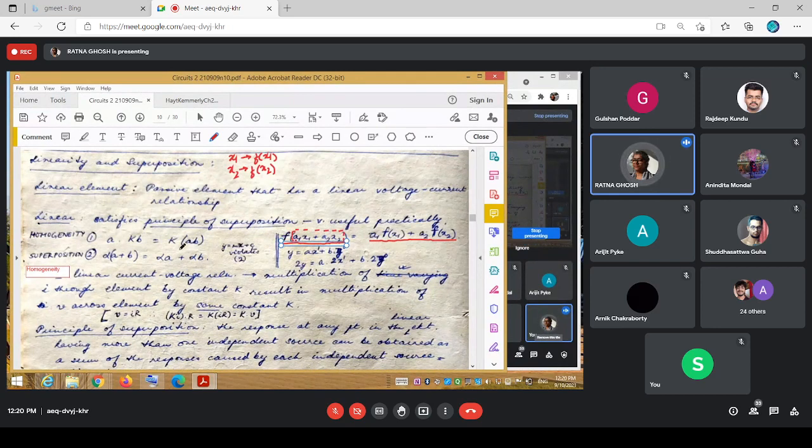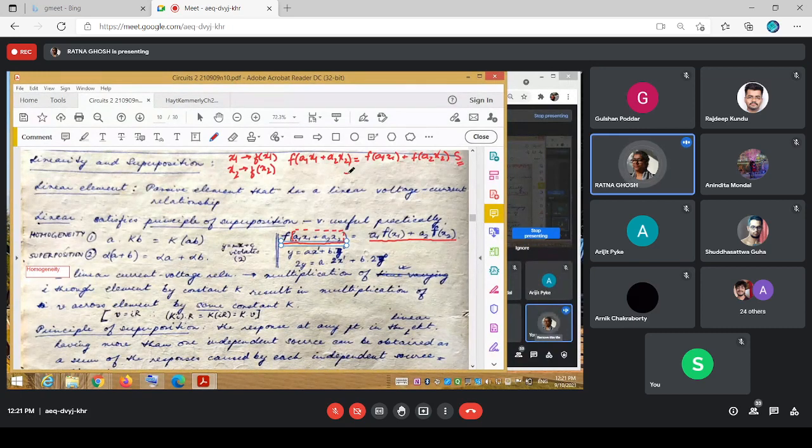Now, using these two principles, if you apply superposition first, what would that give you? Anybody tell me? I'm asking for the interim step. f of a1 x1 plus f of a2 x2. Right? Okay, so this is superposition.